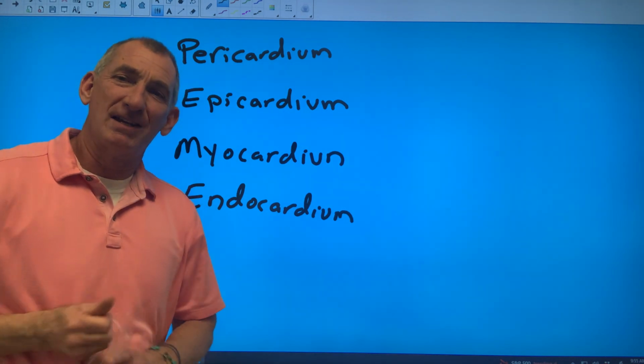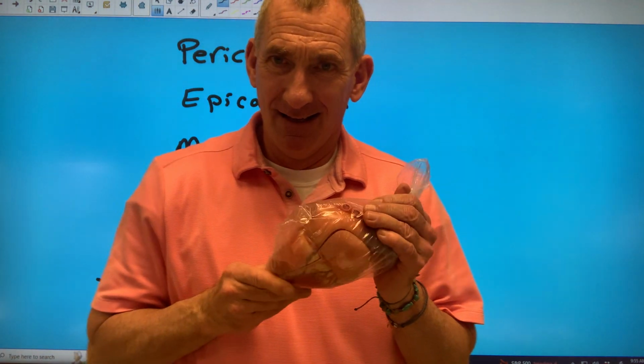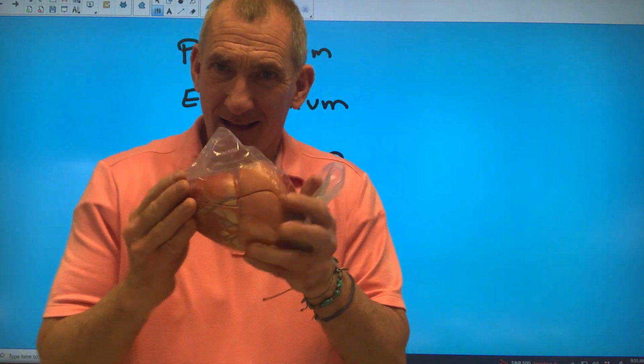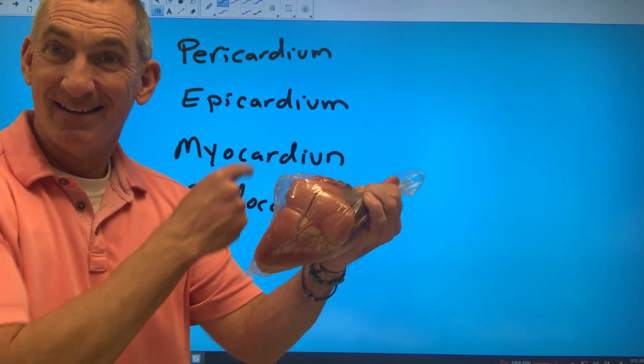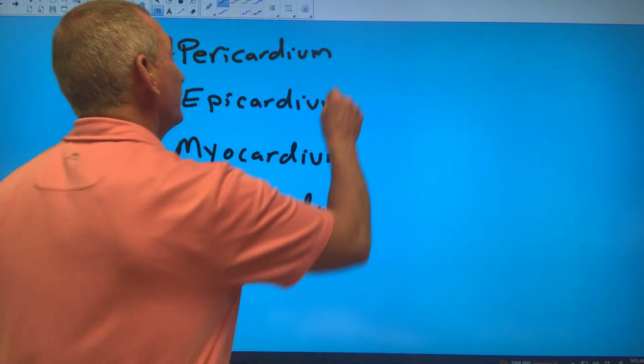When your heart's inside your body, it's inside the sac. This loose sac that surrounds the heart is called the pericardium.